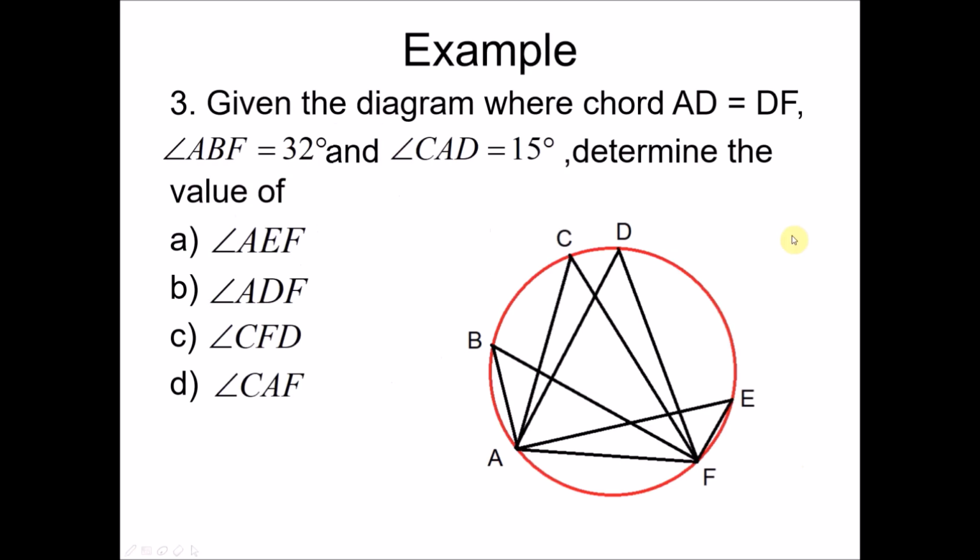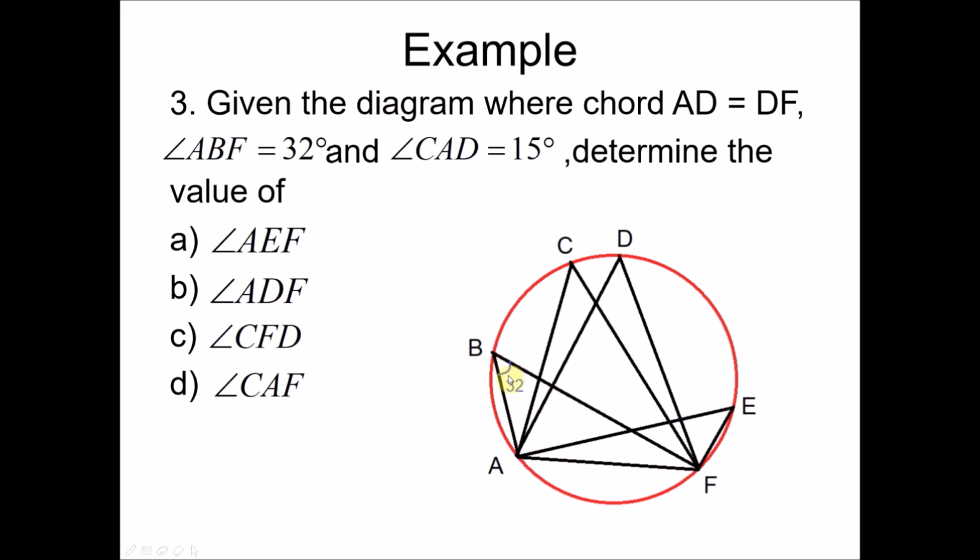Example number 3. Given the diagram where chord AD equals DF, angle ABF equals 32. Remember, ABF means you look at the B here, so the angle here is 32.